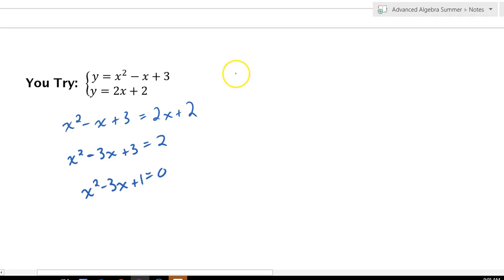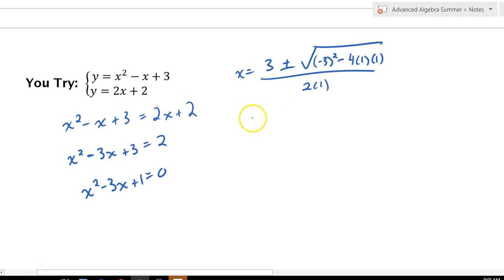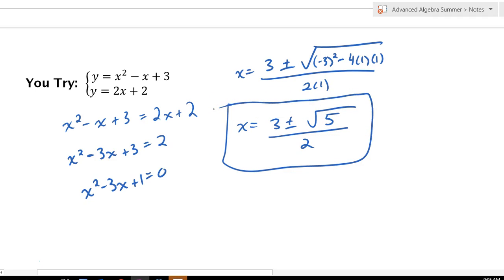So with our quadratic formula again, we have x is equal to the opposite of b plus or minus square root b squared minus 4ac all over 2a. Utilizing GeoGebra here, I'd have 3 plus or minus square root of 5 all over 2. And we see we have a square root, so we know we are done. Again, when we're left with a square root in the quadratic formula, I am totally fine with us leaving the answer as that.